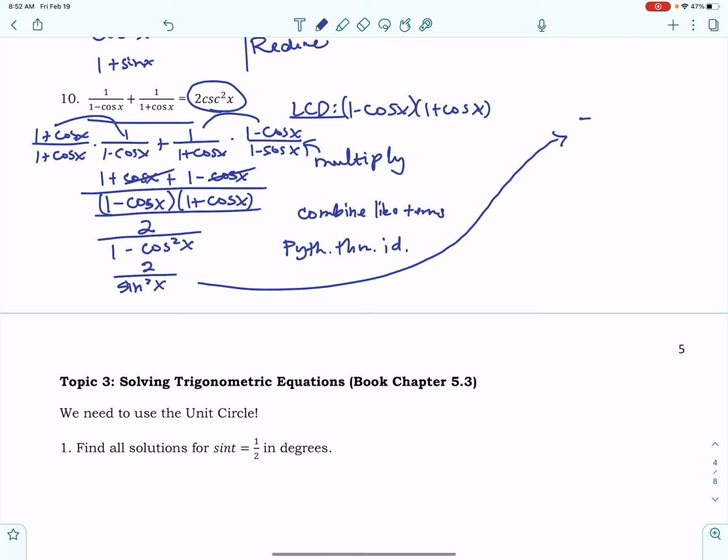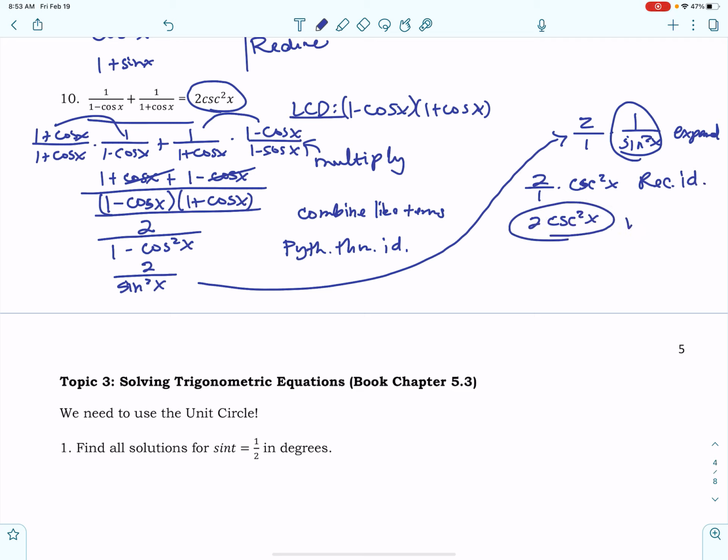I know that 2 over 1 times 1 over sine squared x, that's just an expansion right there, so I expanded. And then I can replace this because of my reciprocal identity with cosecant squared x, and that's exactly what I need. Bam!